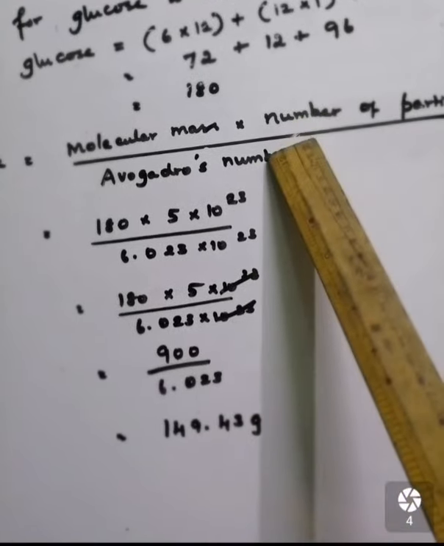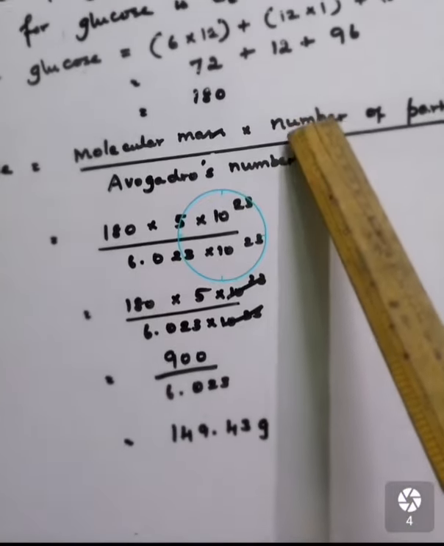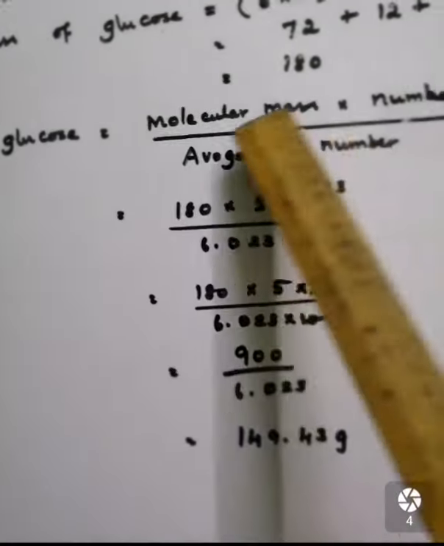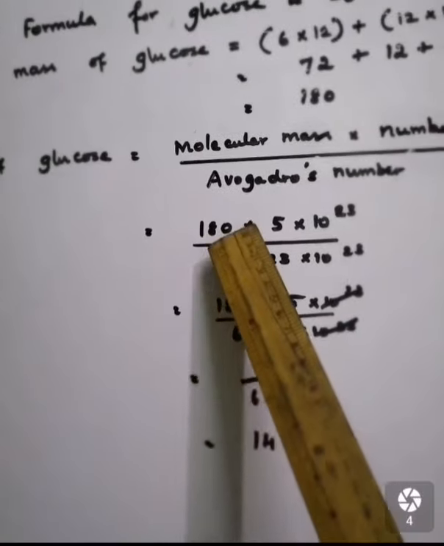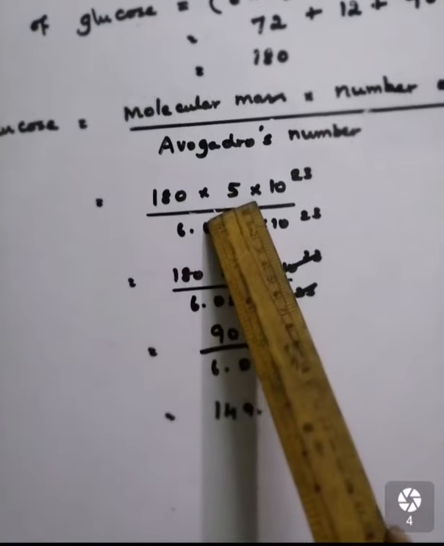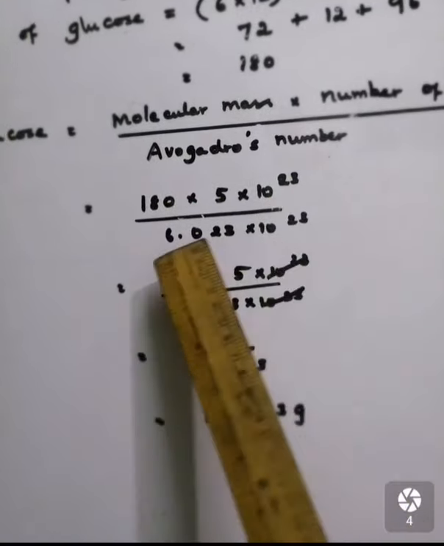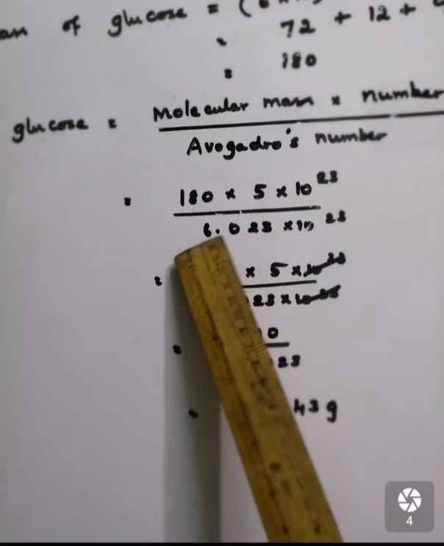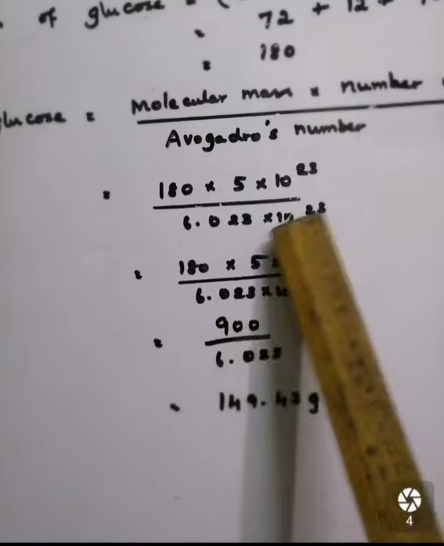This step is for finding out the number of moles. Number of moles into molecular mass. So 180 into number of particles, as per the problem it is 5 into 10 to the power of 23. So 180 into 5 into 10 to the power of 23 divided by, you all know that Avogadro's value 6.023 into 10 to the power of 23.